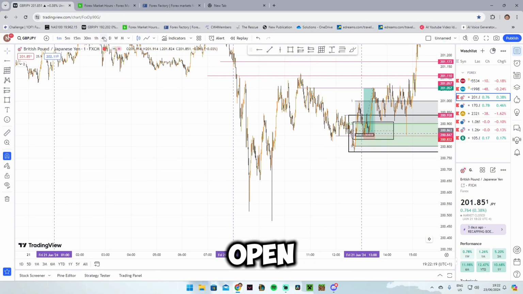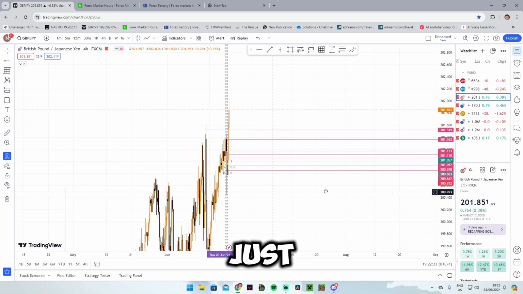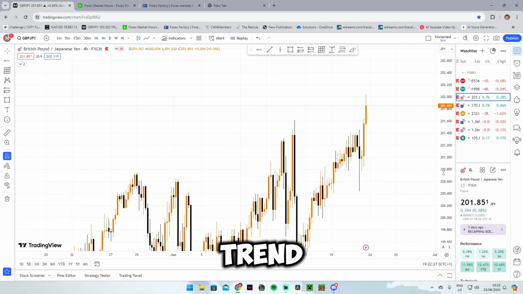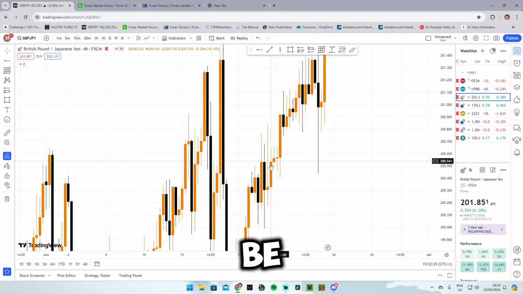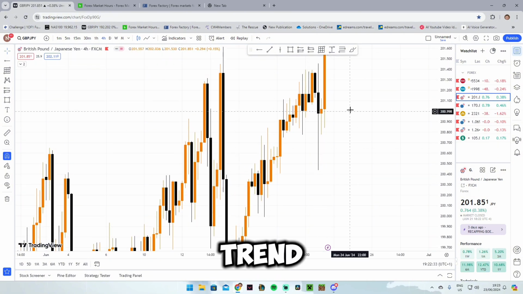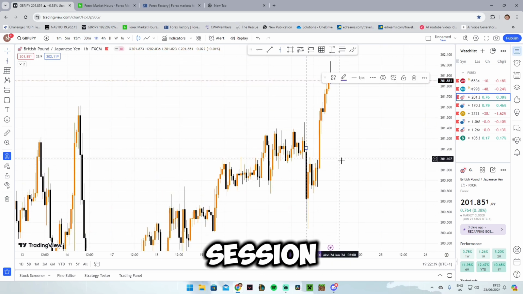London session open? 4 hour. It's just as simple, lads. Let's move the drawings. Uptrend. Obviously, you shouldn't be trading if you think this is a downtrend. Uptrend, 1 hour, session open, boom.